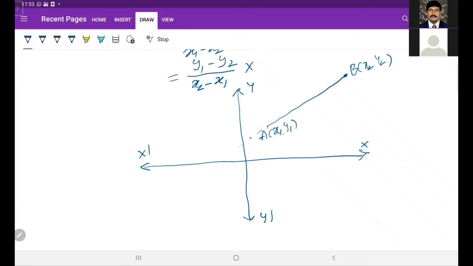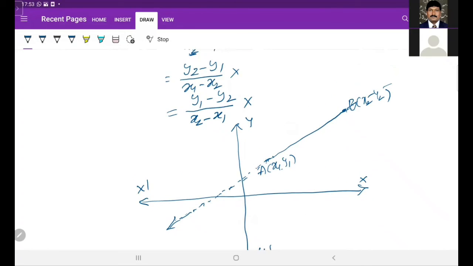This line makes an angle, in this way, because the line passes through continuously. Line AB is a line segment, and the line continues on. This angle is theta, the inclination. Okay, right. Draw perpendiculars on the x-axis, AX, and from B on the x-axis, BX.